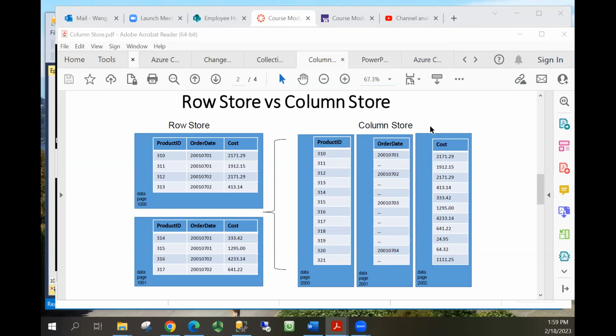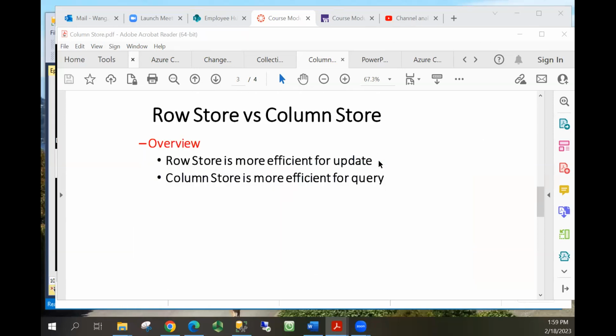column store is good to support queries. So for relational databases, you can only use column store for reporting operations. You cannot use column store indexes or whatever for processing transactions. I think this is also very important.